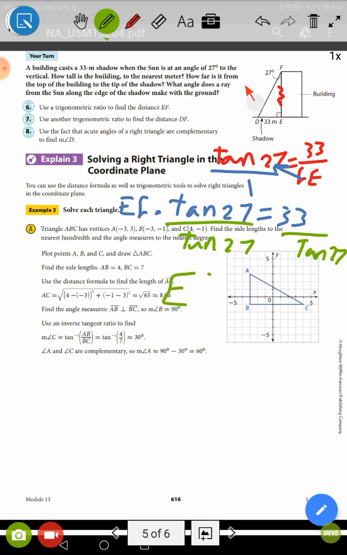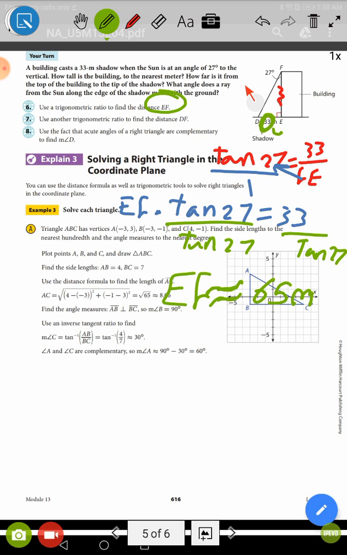So EF equals 33 divided by tan 27, it's about 65. We're talking about meters, so I will write meters. Okay, that is EF.